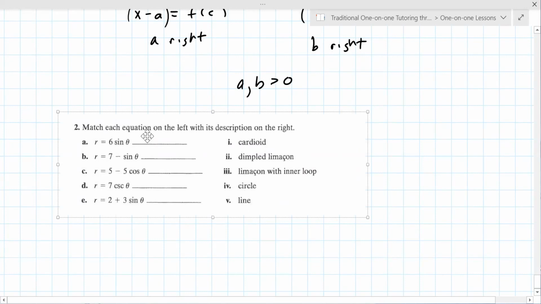Those are the kinds of things that you're looking for here. The only other way to do it is to graph and then compare your graph to this, like what is a cardioid, a dimpled limacon, a limacon. And let's do a couple of 6.